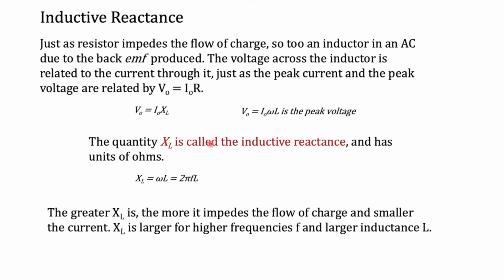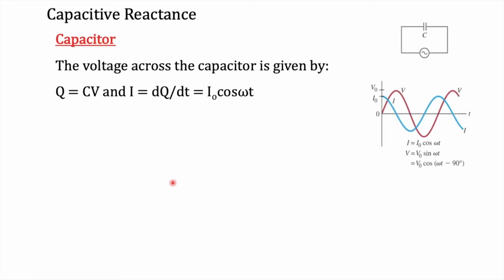And here XL and frequency have a linear relation. As you increase the frequency of the current, the inductive reactance increases. And for the graph, refer to the previous slide.